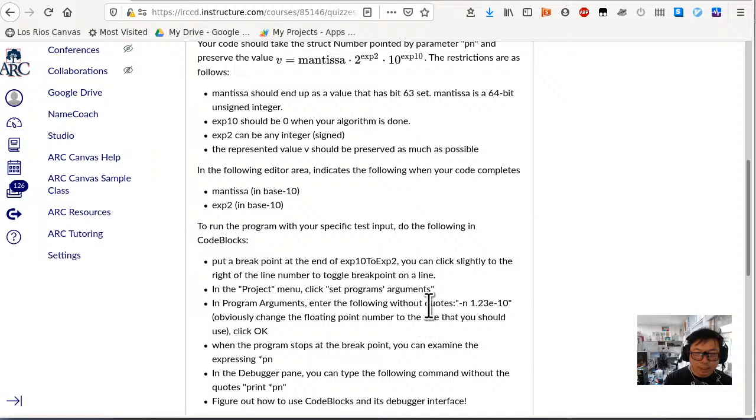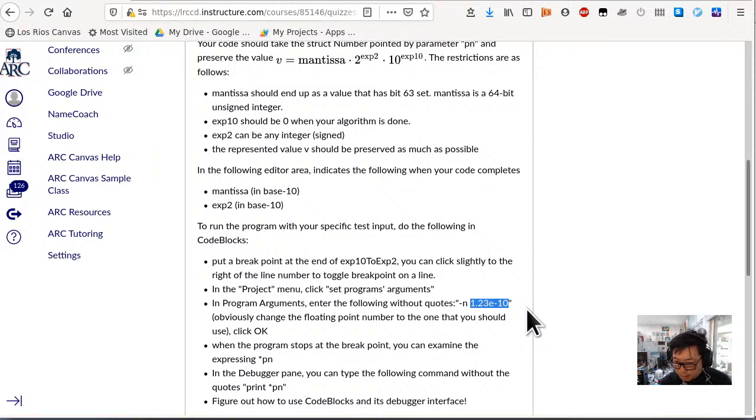So in the example, I'm using 1.23 times 10 to the power of -10. But when I test your program, I'll test it with a range of exponent of 10, okay, but they will all be negative. So this particular program is only responsible to take care of cases where the exponent of 10 is negative, okay.